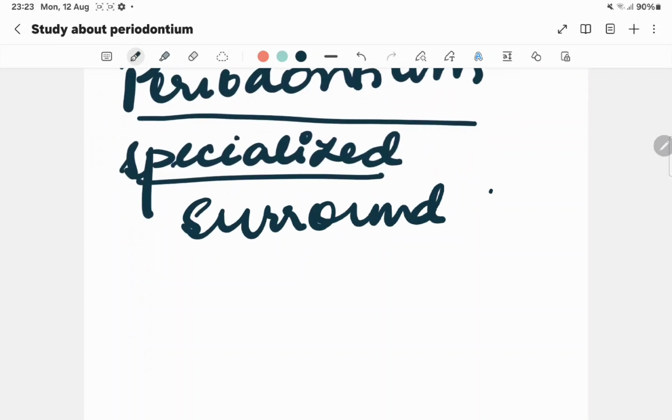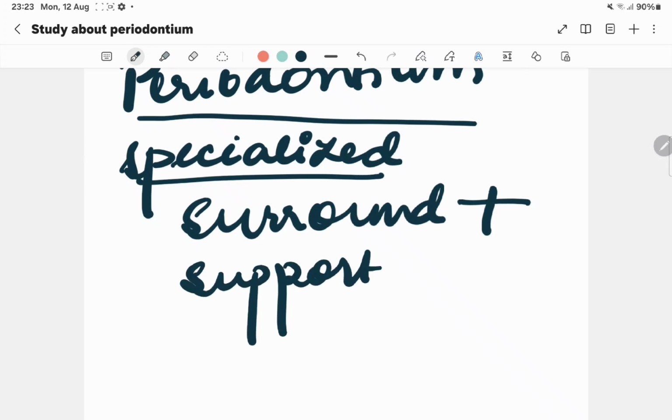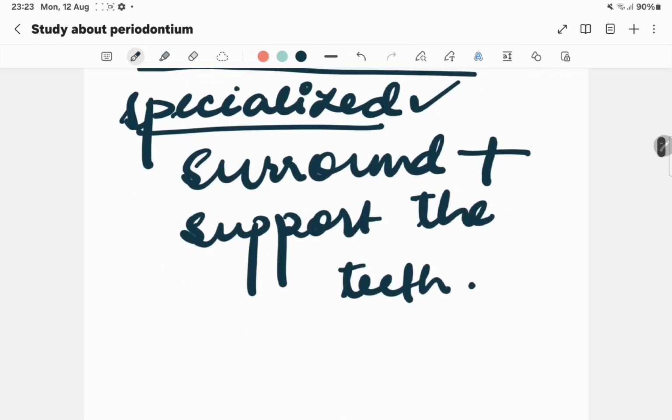Surround and support the teeth. Periodontium, these are a group of specialized tissues that surround and support the teeth.